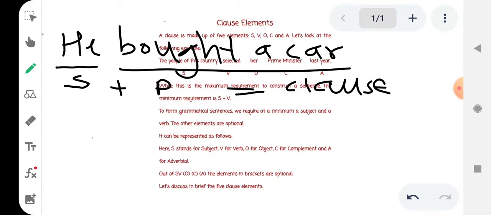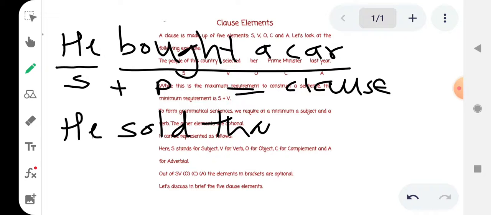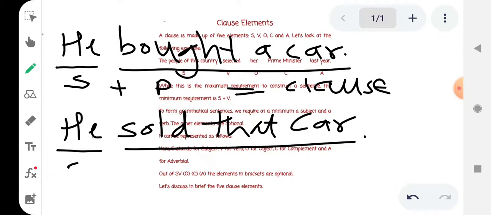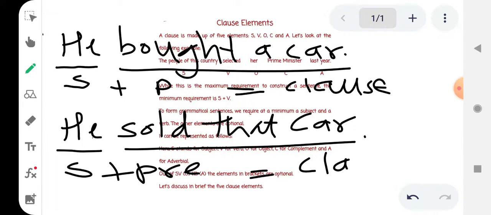And there is another sentence. He sold that car. This is another subject and predicate. That means this is also one clause.